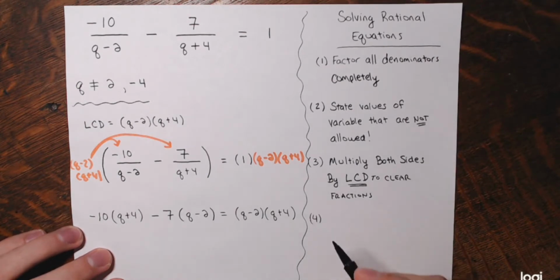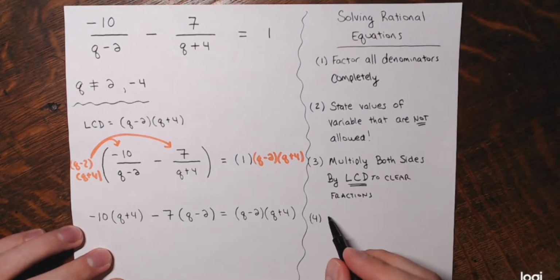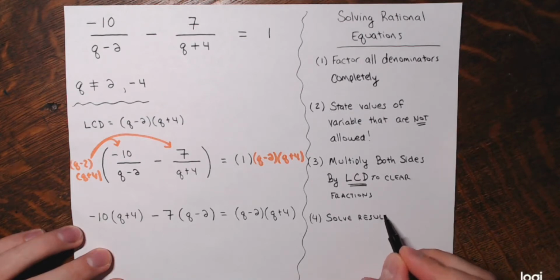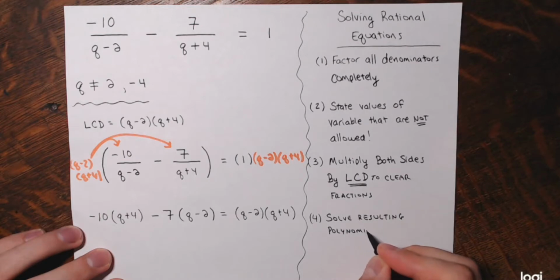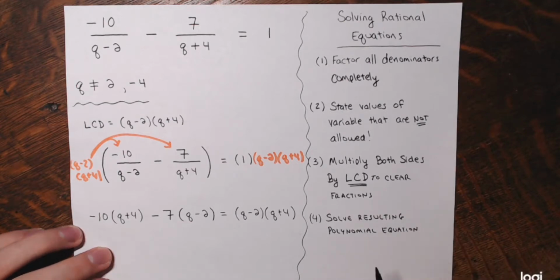And step 4, solve this resulting equation. It should be a polynomial equation, which you should know how to solve from previous sections. So let's do that.